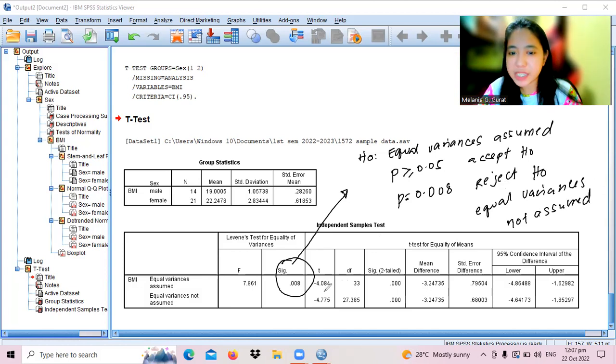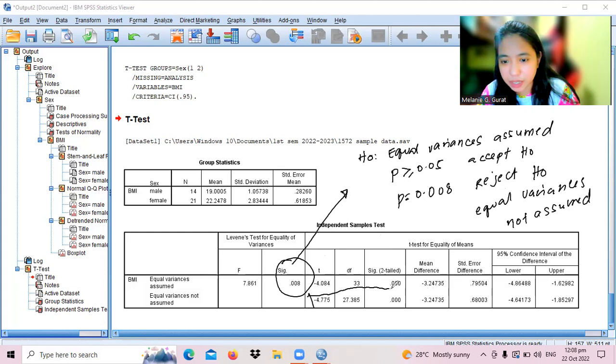So instead of presenting the first result, which is this one, we will be presenting the second result. So where is that result? This result. So it means that for t and the degrees of freedom, we will not be using 33.